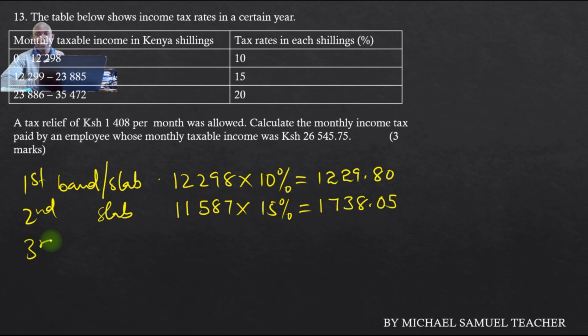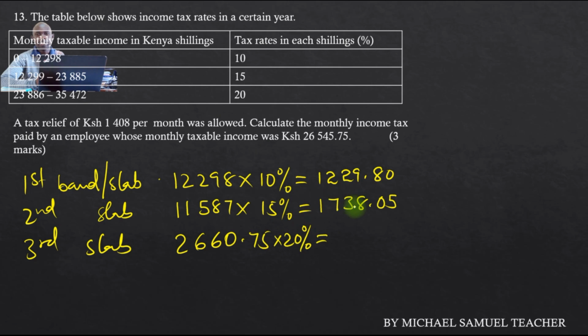Then the third slab, which is the last, the excess. Now we have 26,545.75. We subtract 23,885 and the balance is 2,660.75. The tax rate is 20%.